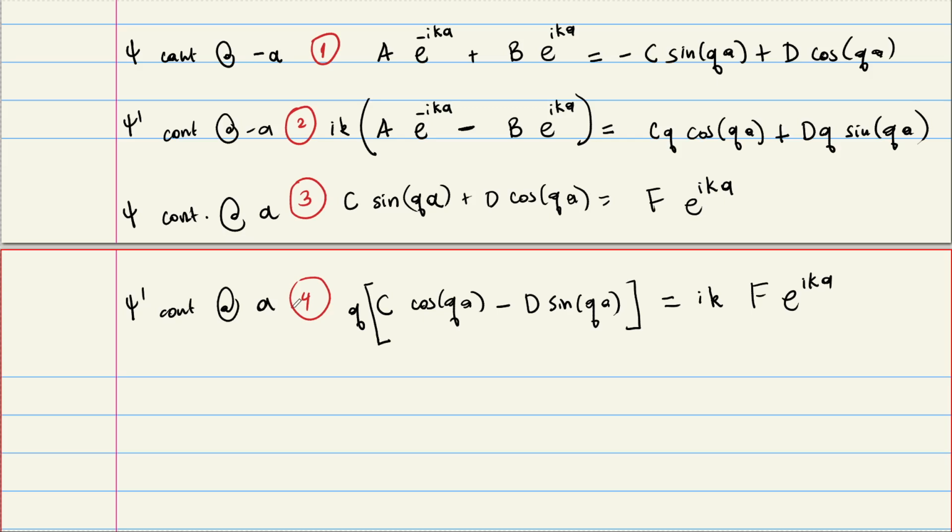And what I want to do now is, okay, so this ik, I want to cross it here, and I want to write it like this. Let me also take this q outside. So this is q, and this one, and this one. Let me save this notebook.